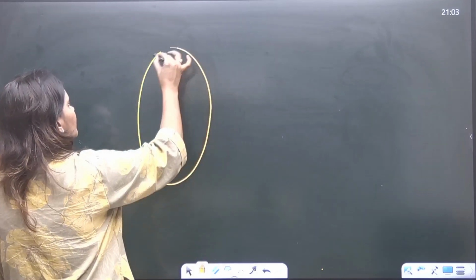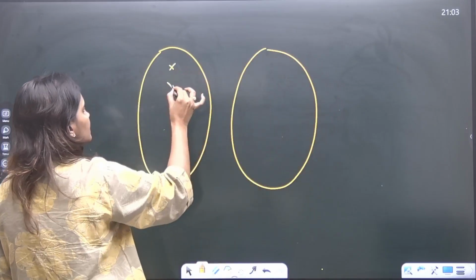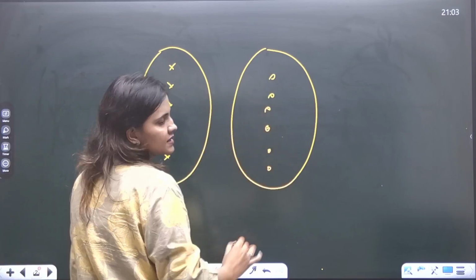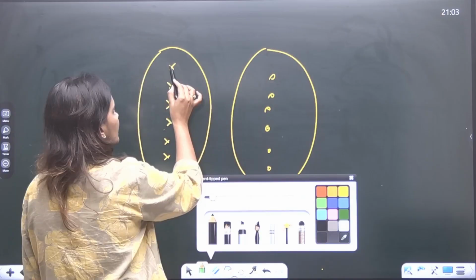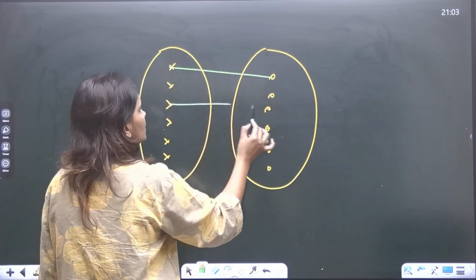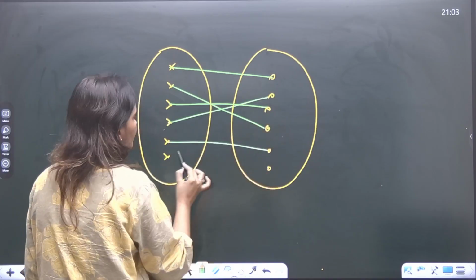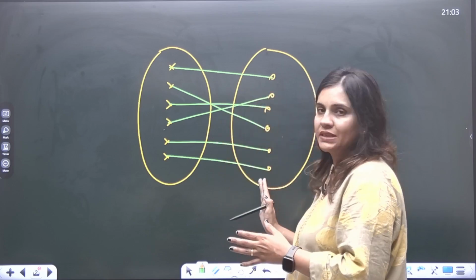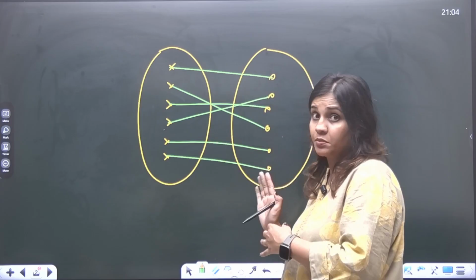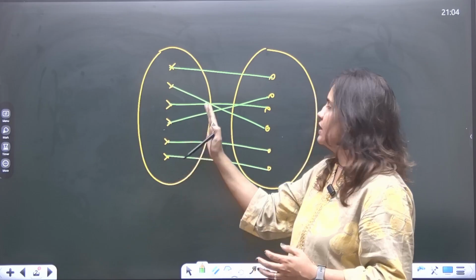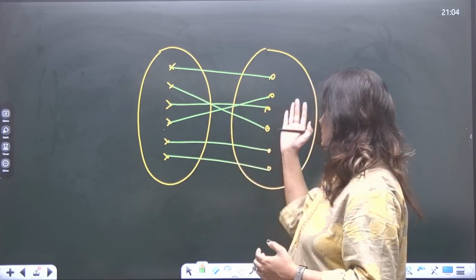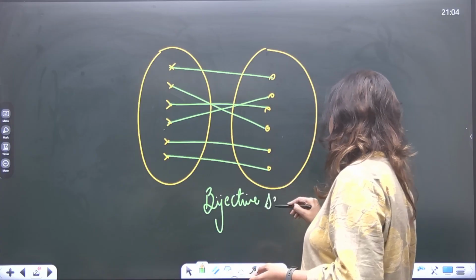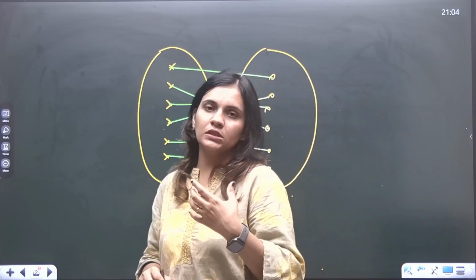For example, there is one set and there is another set, and there are certain elements in each. Say six are here and six are here, and every element of set A is mapped with some element of set B. There's no empty element, no element is left in set B, and all the elements of set A are aligned with a unique output in set B. Such sets are called bijective functions, bijective sets, etc.